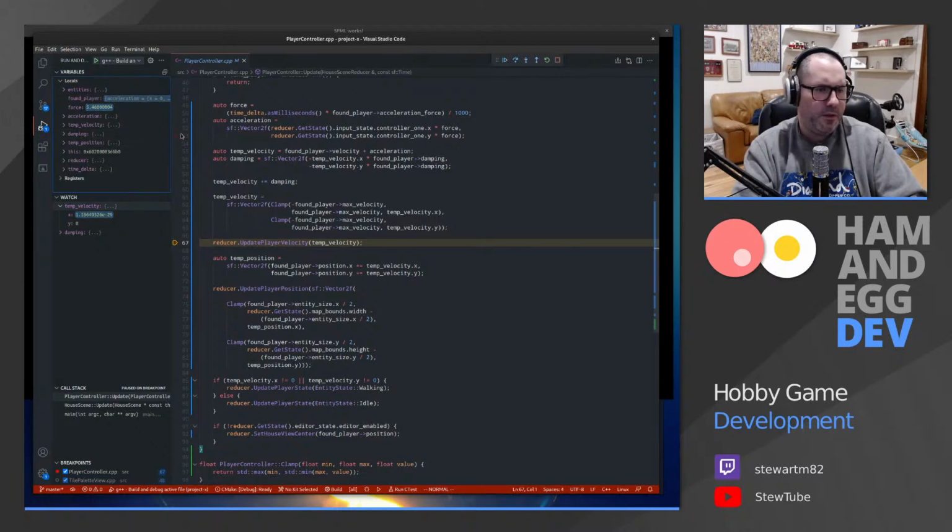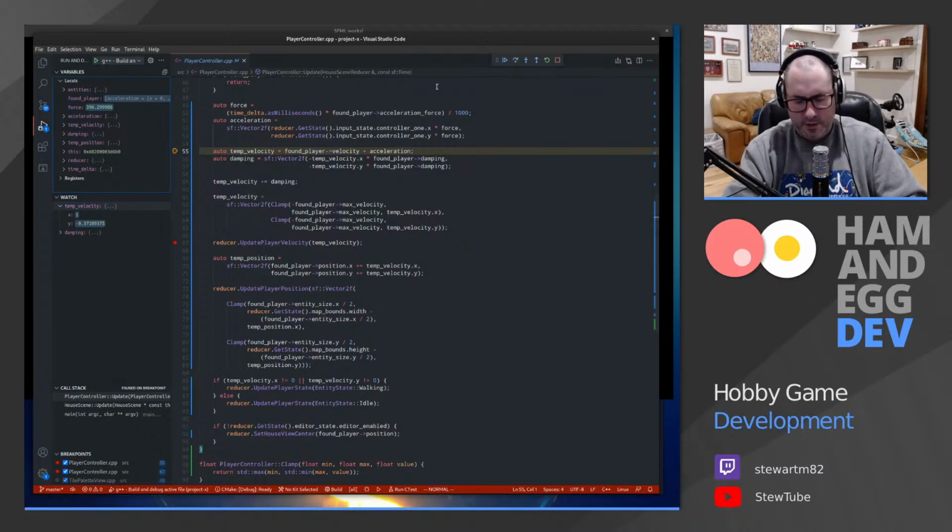Okay, so found player, acceleration. Okay, hang on. I'm not doing that correctly anyway. All right, so step over is F10.